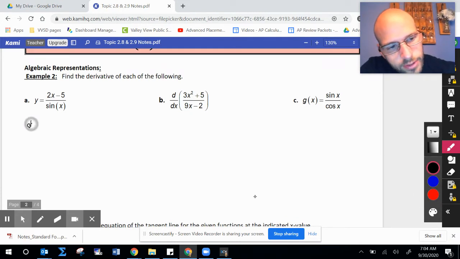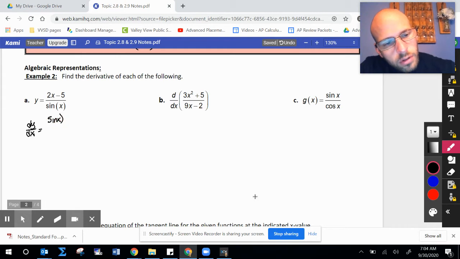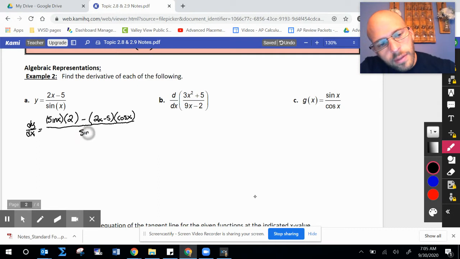So I'm going to call this, let's use a dy dx this time. These get a little long, okay? But I'm going to start with the bottom. So low times the derivative of the top. So the derivative of 2x is just 2. The derivative of the minus 5 is 0. Minus high d low, all over the bottom squared.